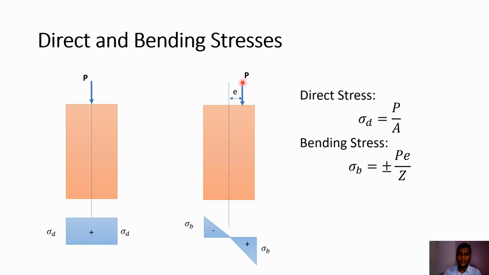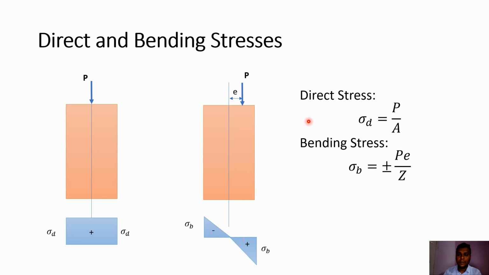So because of the eccentricity of this load P, bending stress is developed, and some stress will be compressive in nature and some will be tensile in nature. You can see here the respective bending stress distribution diagram, equal to P e upon Z, where some part is tensile and some part is compressive.